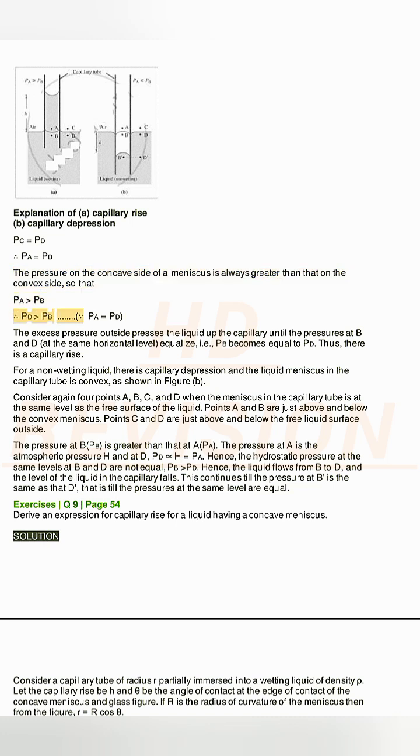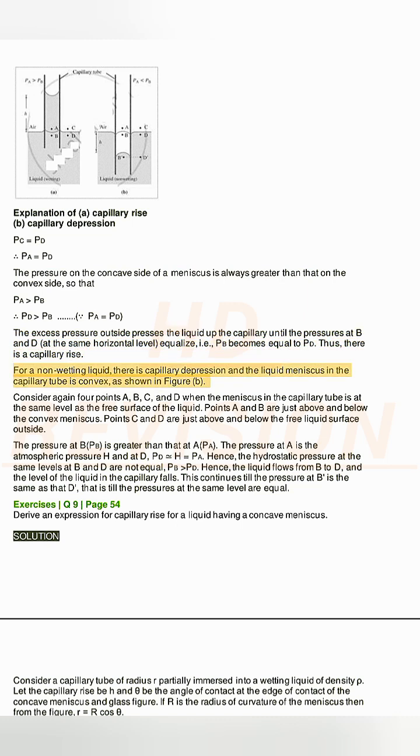Therefore PD is greater than PB. Because PA equals PD, the excess pressure outside presses the liquid up the capillary until the pressures at B and D, at the same horizontal level, equalize, i.e., PB becomes equal to PD. Thus, there is a capillary rise.